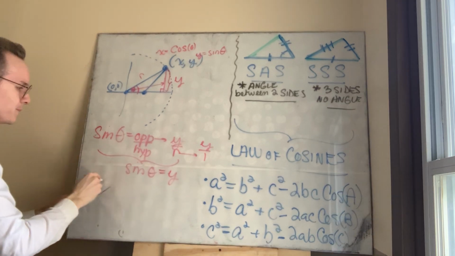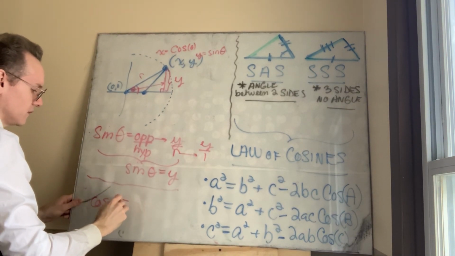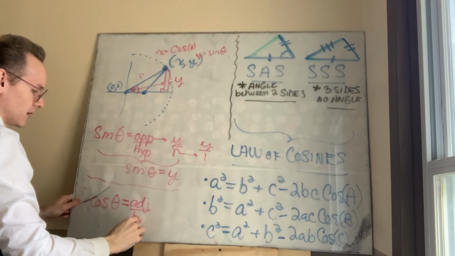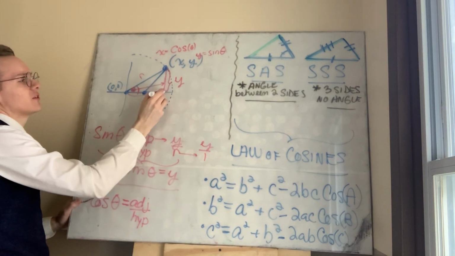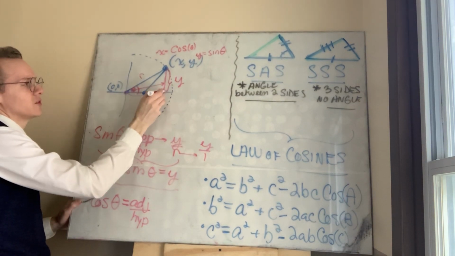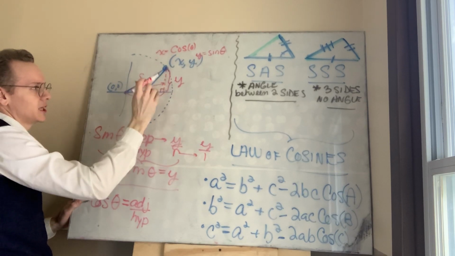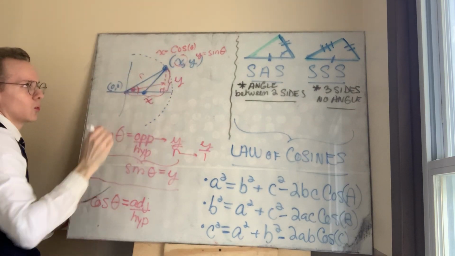And in a similar way, if cosine of theta is really the ratio of adjacent over hypotenuse, then in this context, the x value would be from the origin to where this imaginary perpendicular edge would be. This would be x, right? Representing that coordinate.